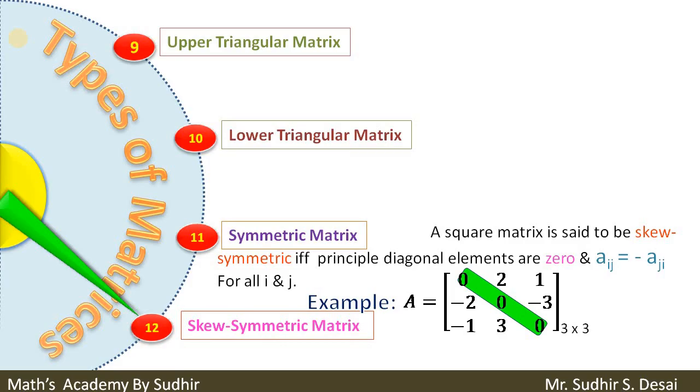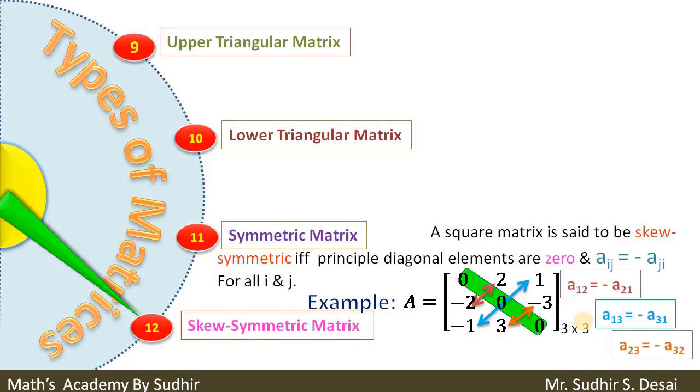Now the second condition is important. Aij is equal to minus Aji. So here this element is A12 and it should be equal to minus of A21. So A12 should be the opposite. Similarly, A13 is equal to minus A31.